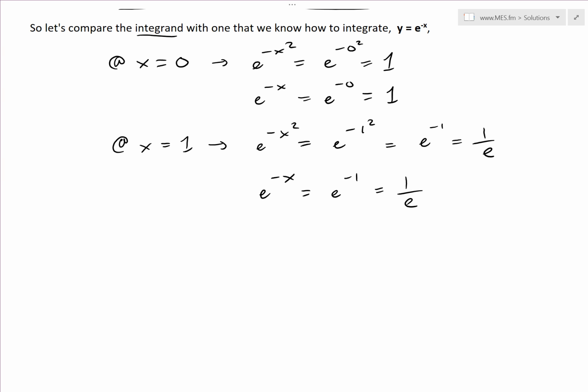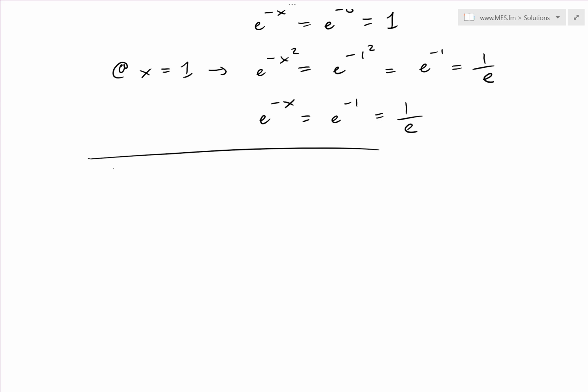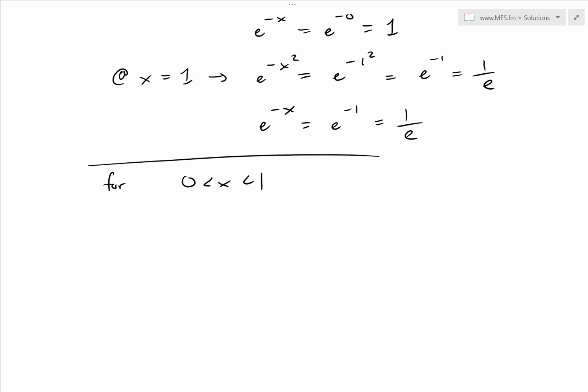But what I want to show is just how the function looks. Let's look at this range initially, where x is greater than 0 but less than 1, so that when we graph it, it'll be easy to understand. Between 0 and 1, what we actually have is the function 1 over e to the x squared.